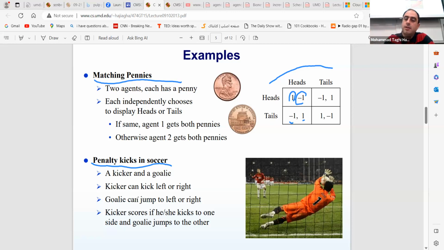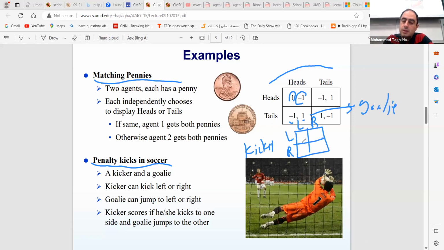And you can write the same thing: here, for example, this is the kicker, left, right, and the other one, left, right, for the goalie. So this is the kicker, and this is the goalie.